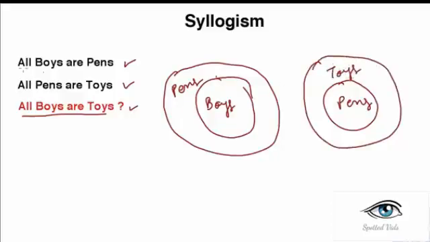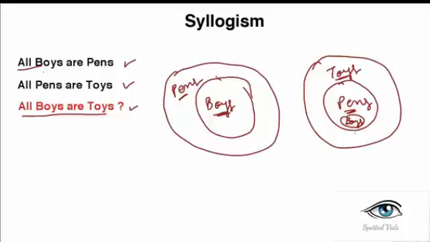So understand this. All the boys are pens. All the boys are the part of the bigger circle, that is pens, and all the pens are part of the bigger circle, toys. So we can combine this. So boys is here, the part is a smaller circle inside the pens.